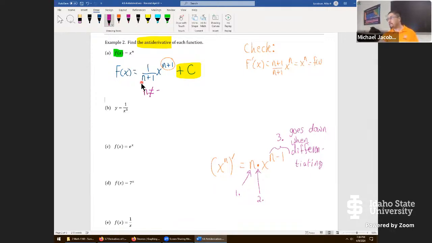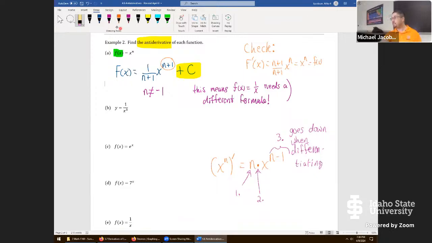So we are assuming immediately n cannot be equal to -1, and this means if f of x equals 1 over x, that is x to the power of -1 when you correct the exponent, this needs a different formula.